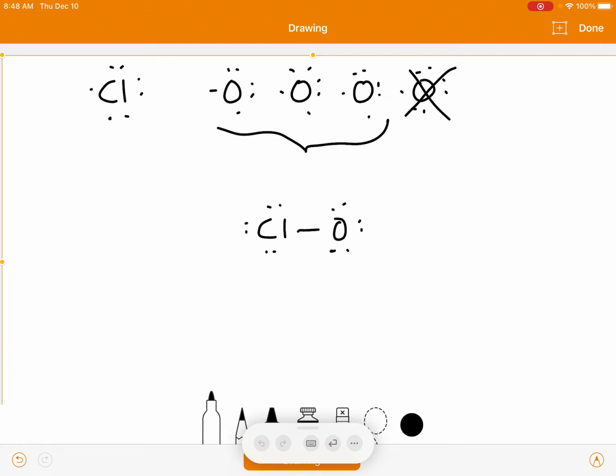Each of those would like to make 2 bonds if possible, but we have to take formal charge into account. If we bonded each of those single electrons like that, chlorine would have 7 bonds total, 3 double bonds and a single bond. Well, formal charge would then be 0, and that is good.